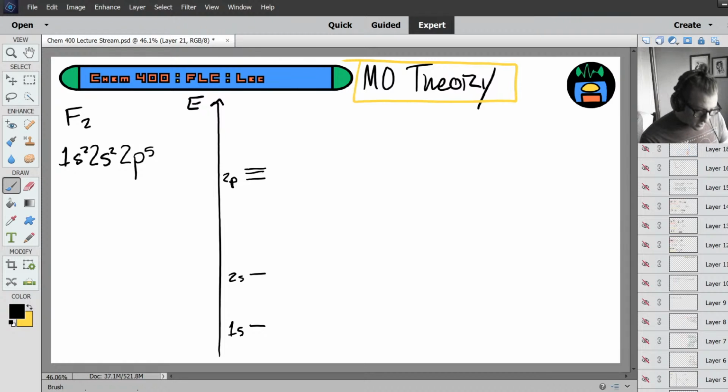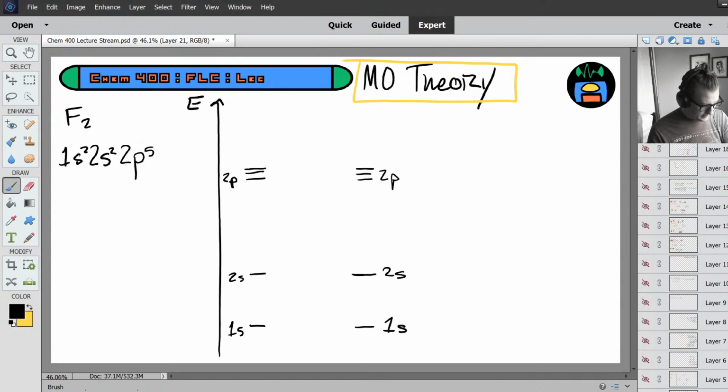And the fluorine on the other side has the exact same setup. We've got 3 2p orbitals, 1 2s orbital, and 1 1s orbital. All right, now we know how our orbitals are going to mix.